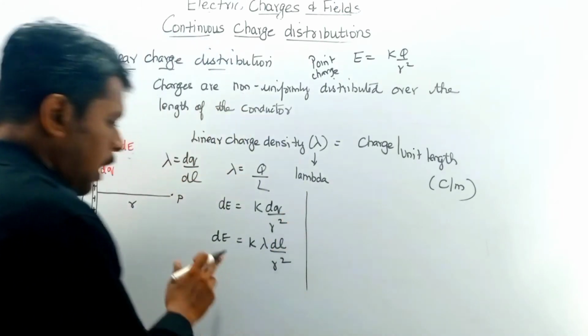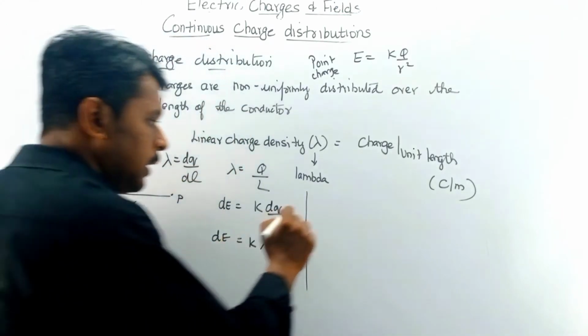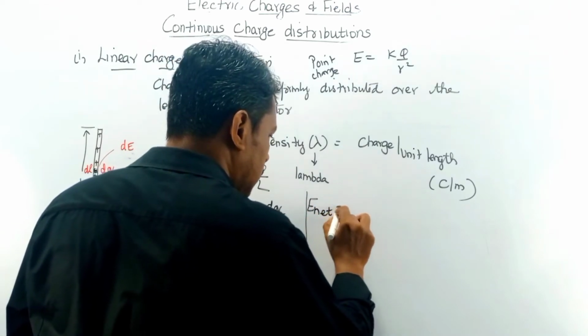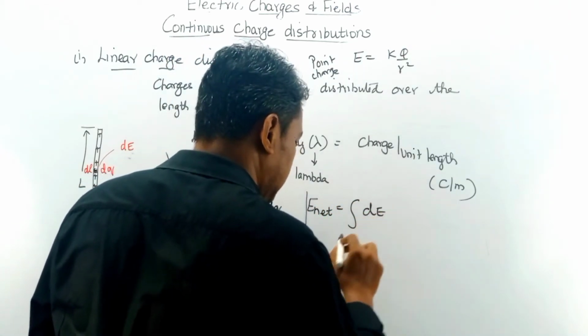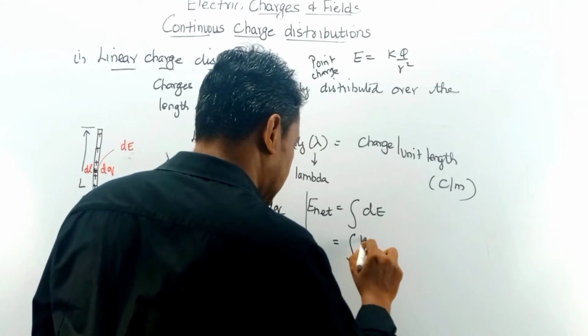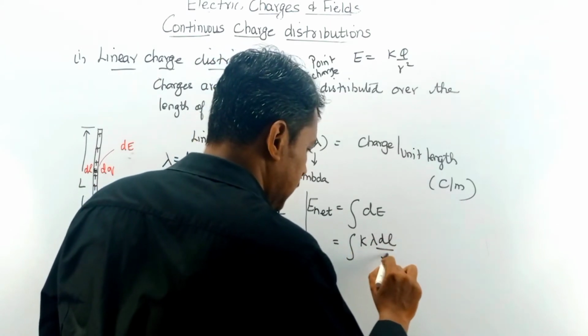After finding dE, the net electric field is found by integrating dE. So I am going to integrate k lambda dL by r square.